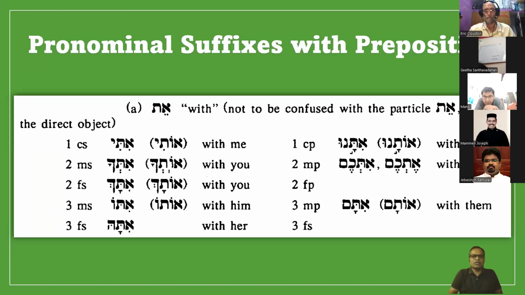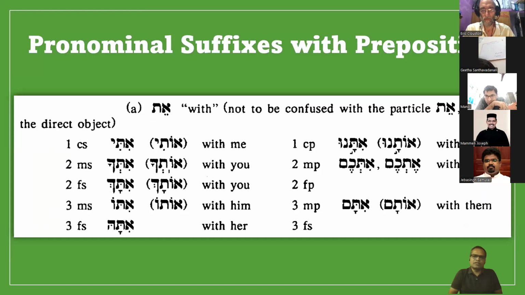This is an irregular form. Even if you cannot memorize all these things, you should be able to differentiate the pronominal suffixes with the sign of direct object from those with et meaning with. There it is holam vav between aleph and tav. Here it is not holam vav. Here tsere becomes hireq, and there is a doubling in the second letter, and then you see the ending.